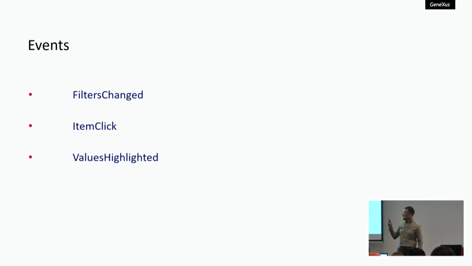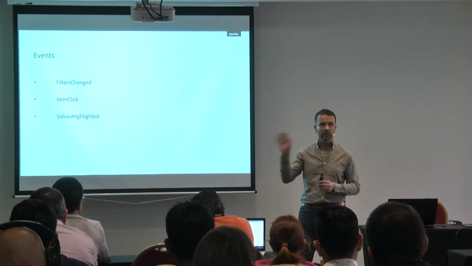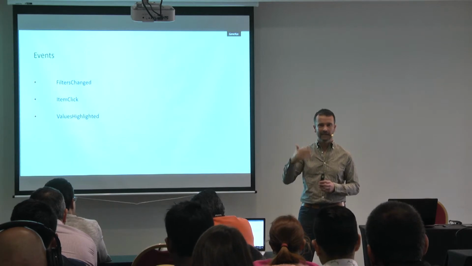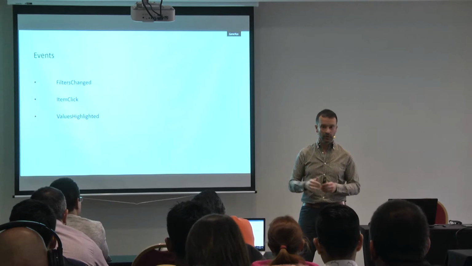As I said, for each event you set a variable, an SDT, containing specific information about the event. There is also more general information, such as all the filters and the values they have, so that we can use that information in our programming, and depending on that, we can do one thing or the other.